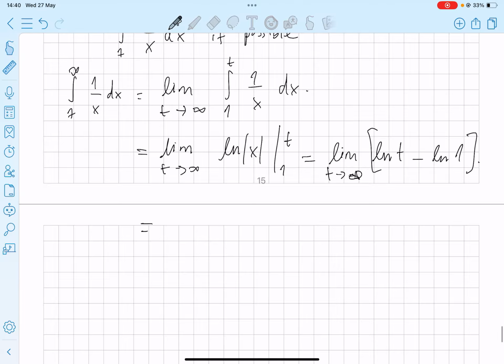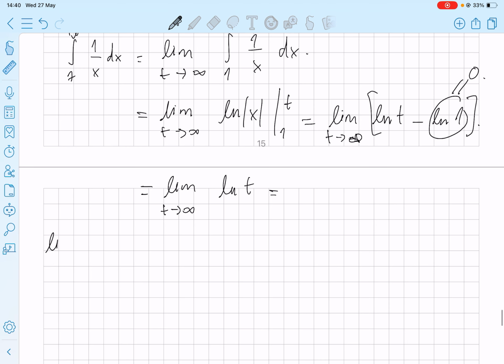Natural log of 1 equals 0, as you know, so we only have the limit as t approaches infinity of natural log of t. As t gets bigger and bigger, the natural log gets bigger and bigger.